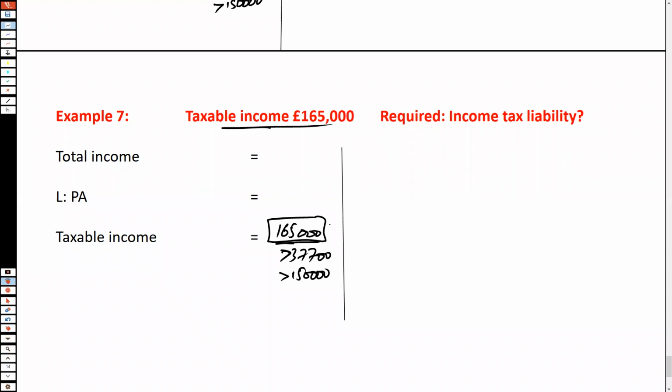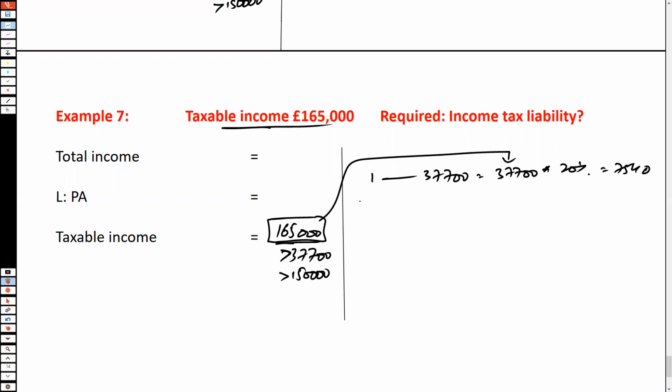All right. From the taxable income of 165,000, the first 37,700 is taxed at 20%, resulting in 7,540. If we deduct 37,700 from 150,000, the differential amount of 112,300 is subject to tax at 40%, and 44,920 is calculated.